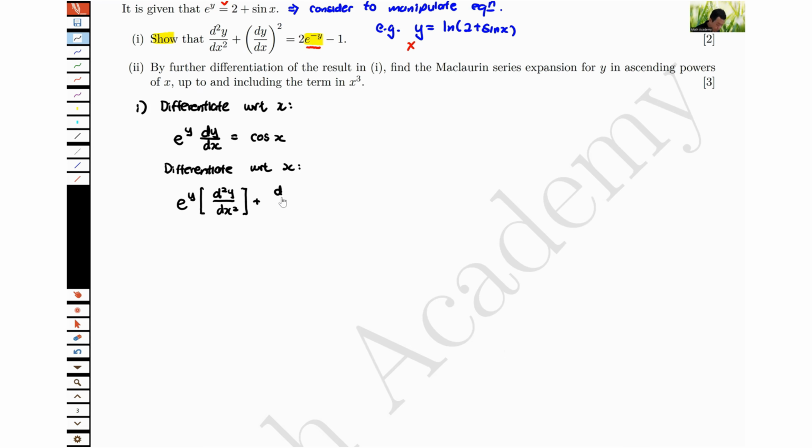I keep dy/dx. Be very careful. You now differentiate your e^y again. Differentiate e^y gives you e^y dy/dx. That's another dy/dx appear. And on the right, we get negative sine x.